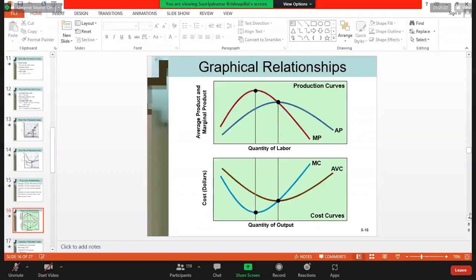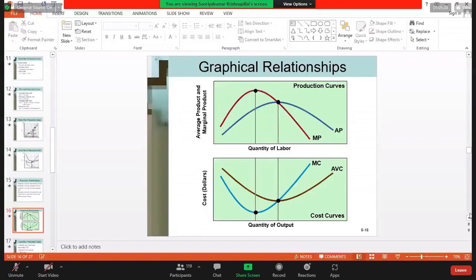So only the shape is opposite. You should not think of it as a matching. Both horizontal axes are different, but the image is opposite.